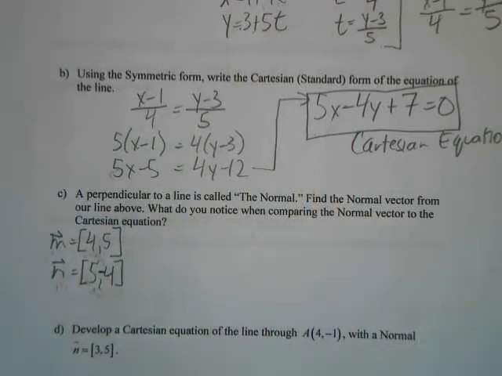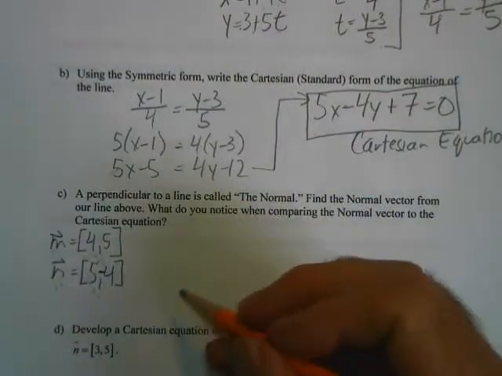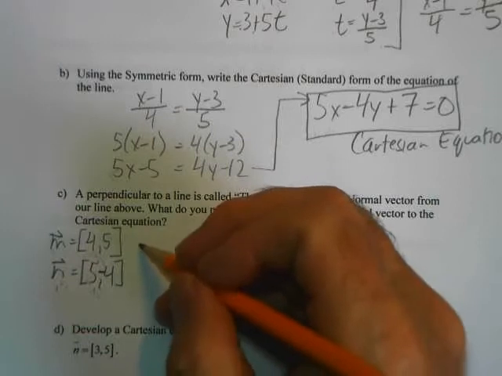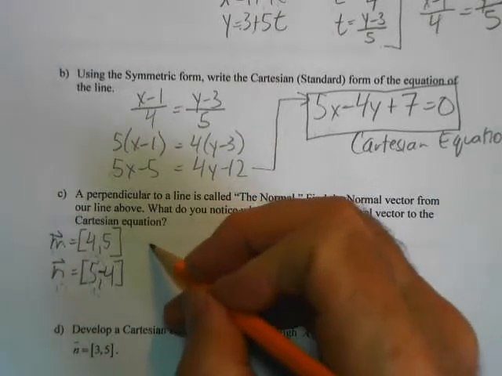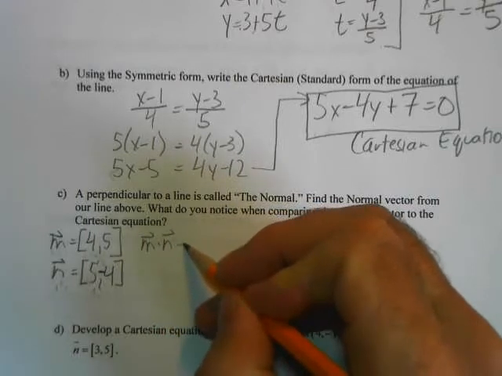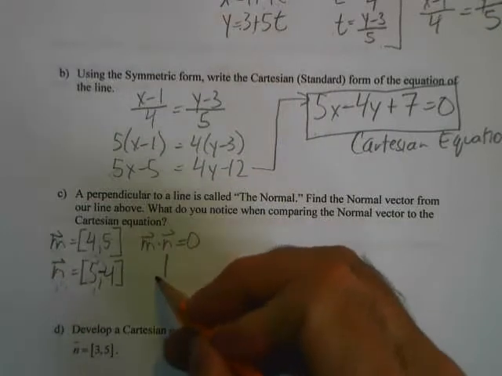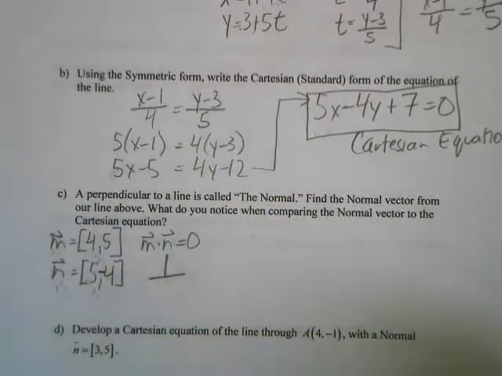Think about it: these two vectors, if we do the dot product, I'll just show this instead of talking about it. m dot n equals 0, and that's definitely true. That means they're perpendicular, which normals and direction vectors are.